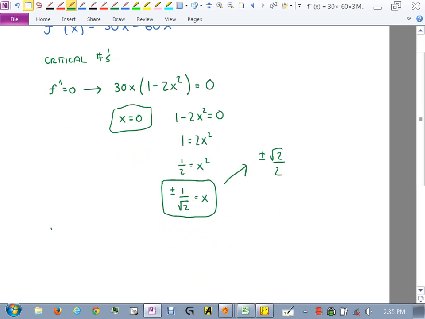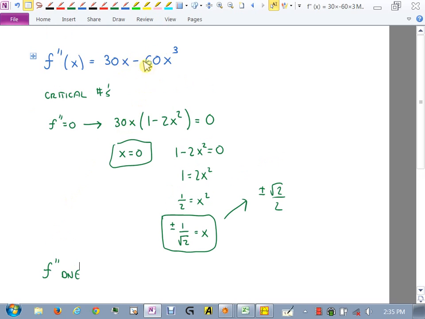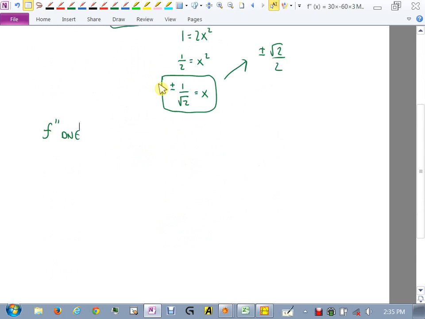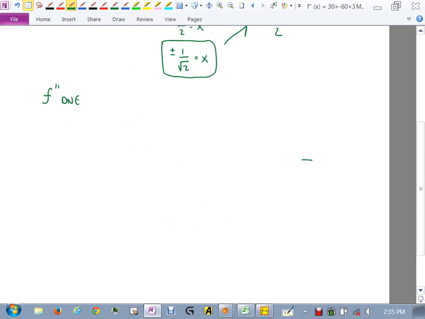Do I have any places where my second derivative does not exist? No, because the second derivative is nice again, right? So I'm going to draw a number line again, putting 0, positive 1 over root 2, negative 1 over root 2. That breaks up my number line into 3 sections.